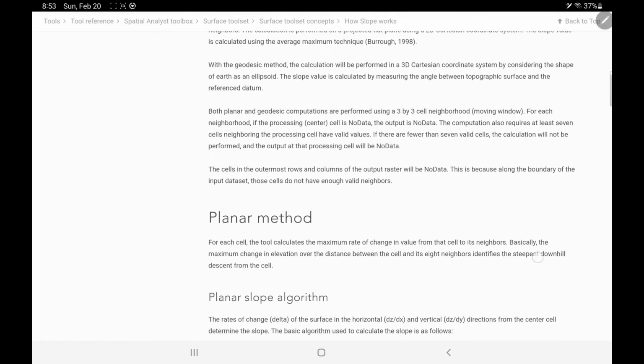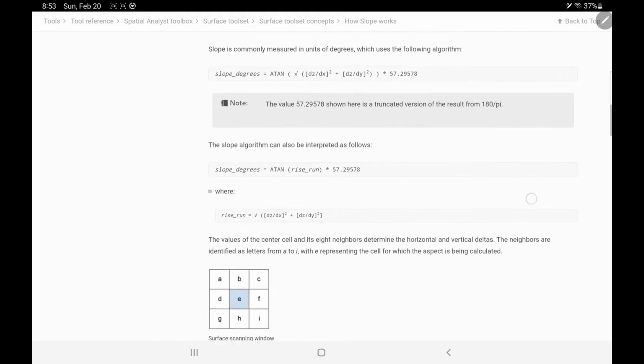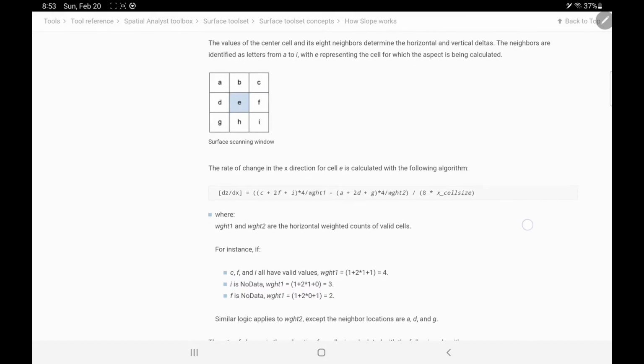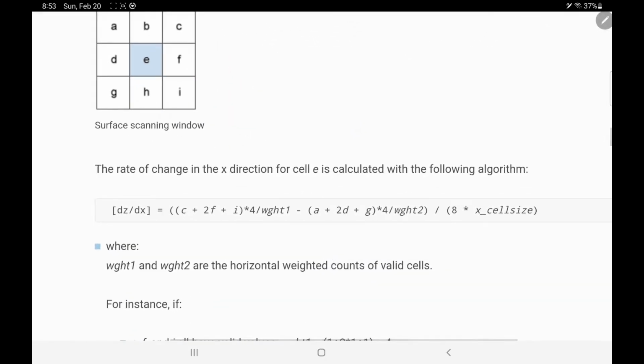The first thing I told you is that you have weights. So let's check the weights. Here you have the weights.